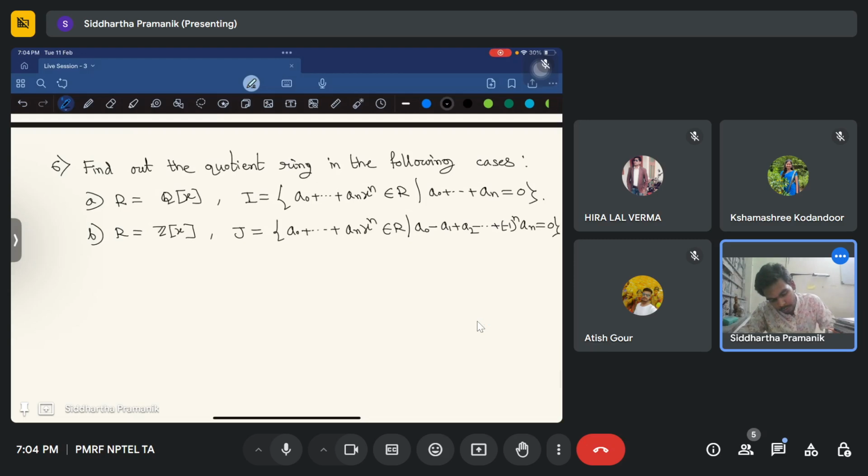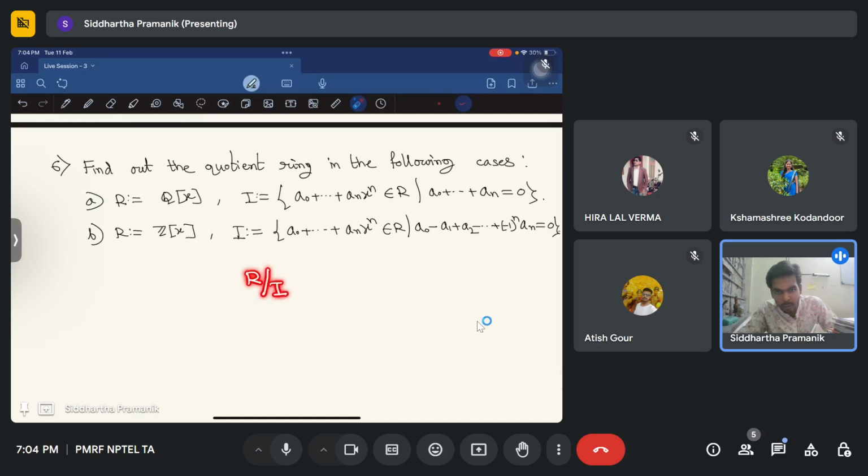So you have two rings and two ideals, and we need to find out the quotient. Okay, let's put this I also so that it will be uniform. So we need to find out the quotient R mod I.